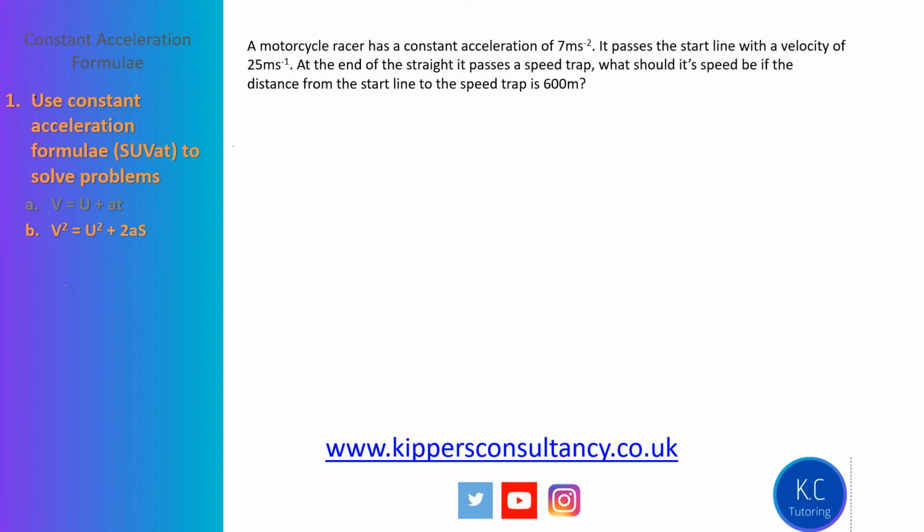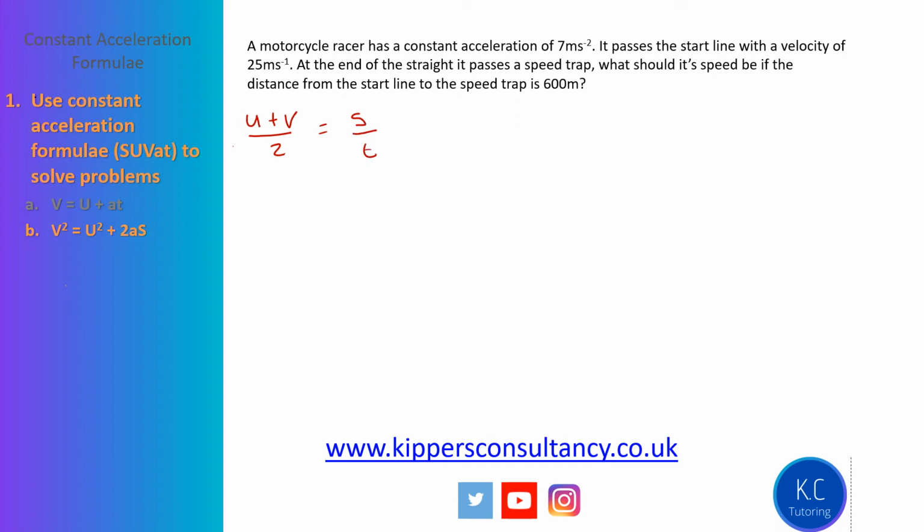Let's see how we use the formula v squared equals u squared plus 2as. I'm going to start by deriving this formula. Let us consider the average velocity. This would be the initial velocity plus the final velocity divided by 2. An average velocity is equal to the distance divided by the time.